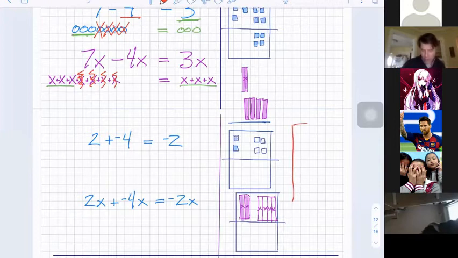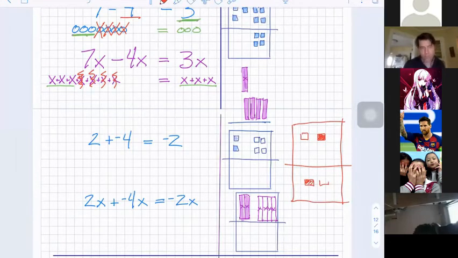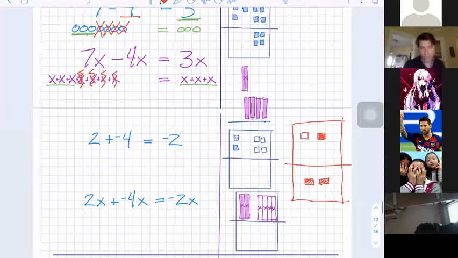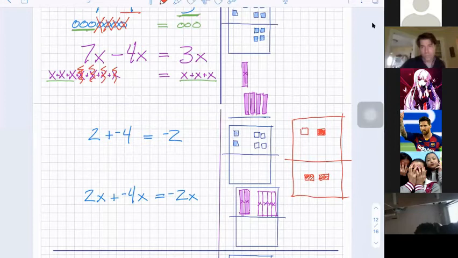Damien asked a really good question: what if there is an opposite pair on the top but the same on the bottom? Do you mean if these are opposite like this, but then down here these are the same? Is that what you mean? I think he means there's a negative on the top and then a positive on the bottom.